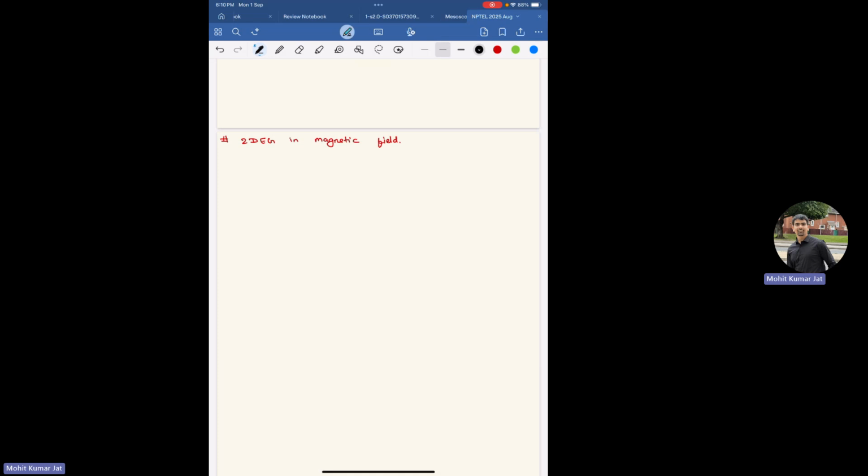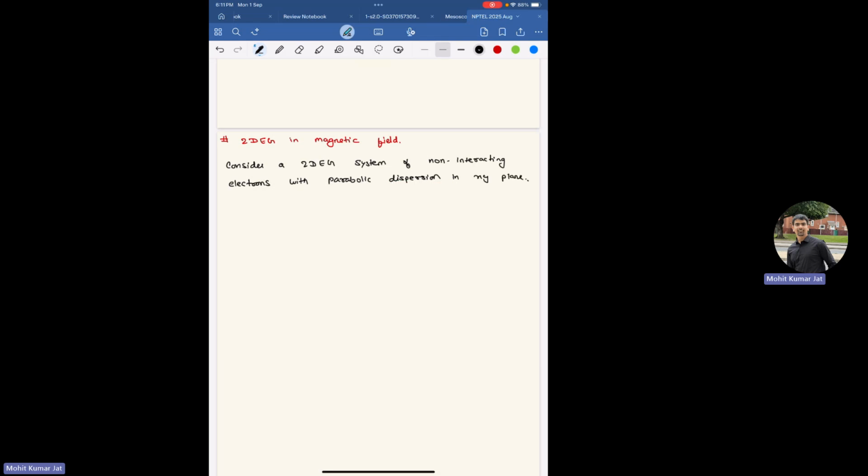So we consider a two-dimensional electron gas system of non-interacting electrons. It means the electron interactions are not there in the system. The electrons have a parabolic dispersion, h bar squared k squared by 2m, in the xy plane.